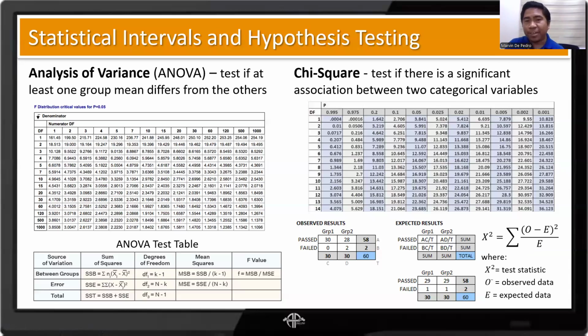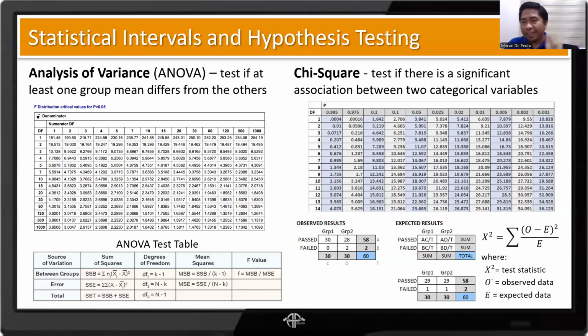Now, I forgot to mention critical values. Where do we get them? From the distribution tables. Z, T, F, and chi-square have their own distribution tables. The z-test, t-test, ANOVA, and chi-square, they have their own distribution tables. That's where we derive our critical values.